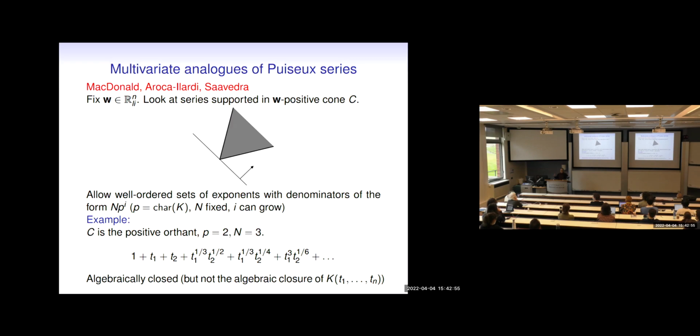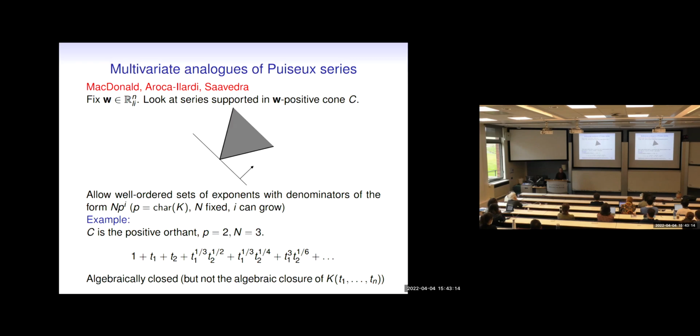So you think to yourself, it's like you're trying to look at just multivariate Laurent series in t1 to the 1 over n, t2 to the 1 over n, but we're also allowing ourselves to have growing powers of p.